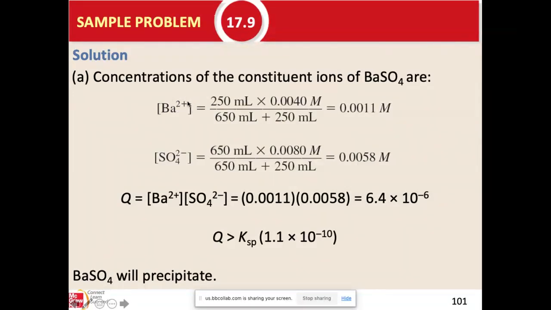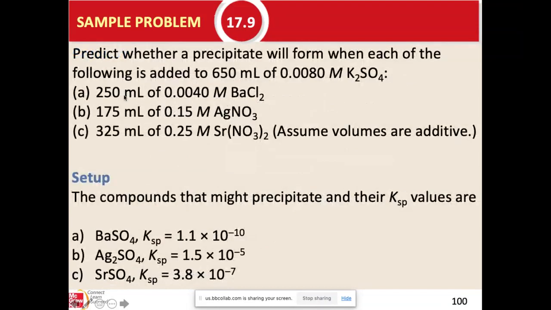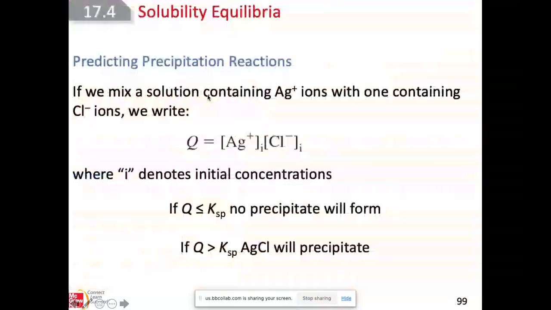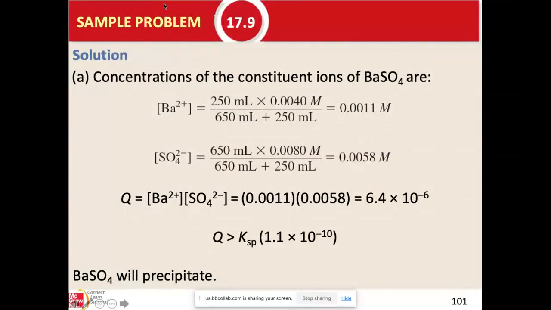Don't forget, when we're mixing those two solutions together, the volume of the solution changes: 650 ml plus 250 ml. So for barium, we have 250 ml of 0.04 molar. We multiply 250 ml by this molarity to get moles, and then divide by the total volume, and that will be the molarity. So the barium ion is 0.001 molar.